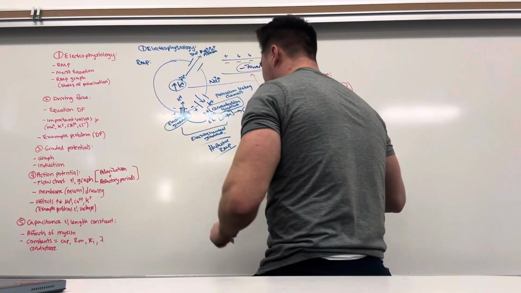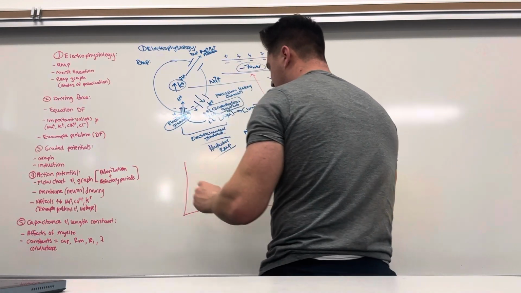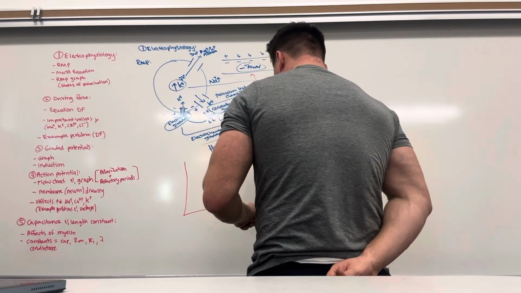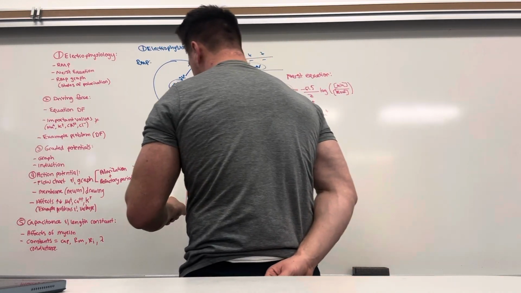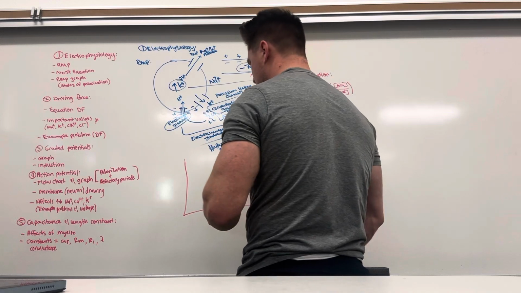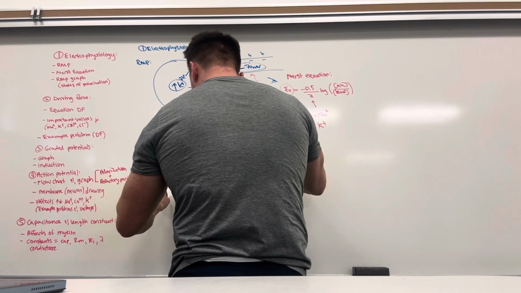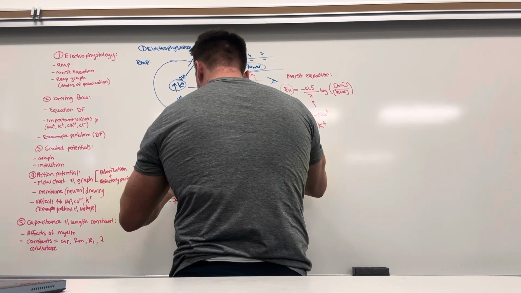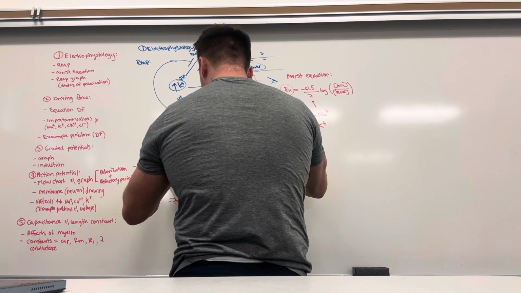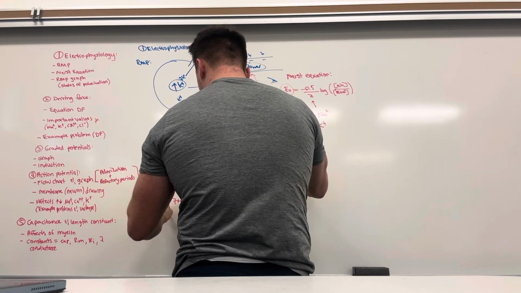So I'm going to draw out a graph here. Hopefully this will help us out. Just talk about a couple things here. So we have negative 70 millivolts, and then we have negative 55, and 0, and positive 55, and we have negative 94.